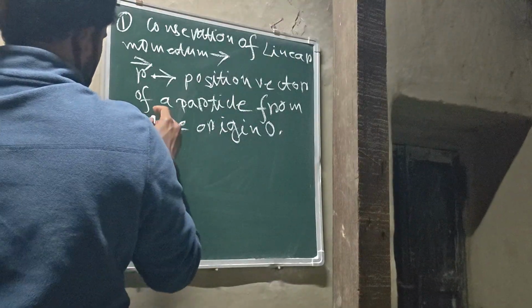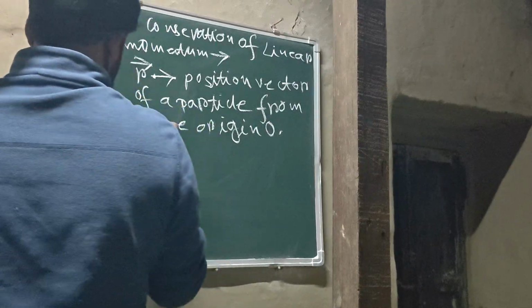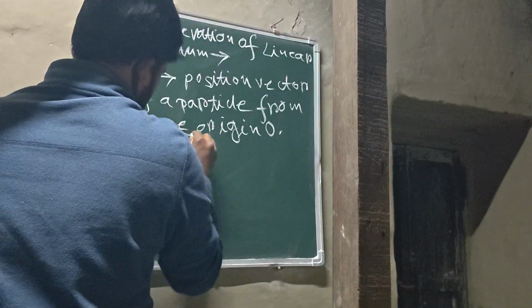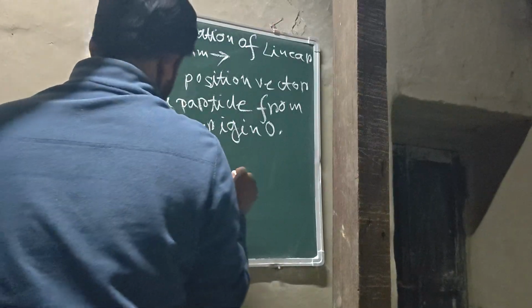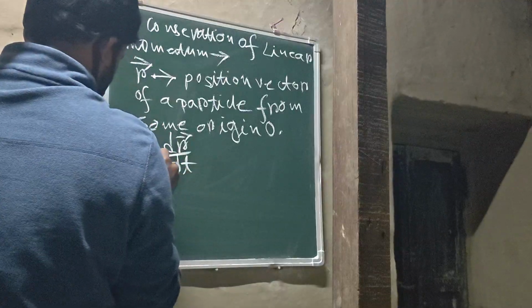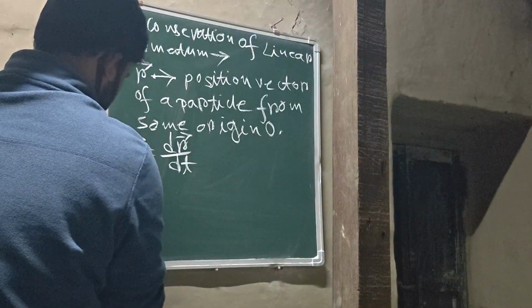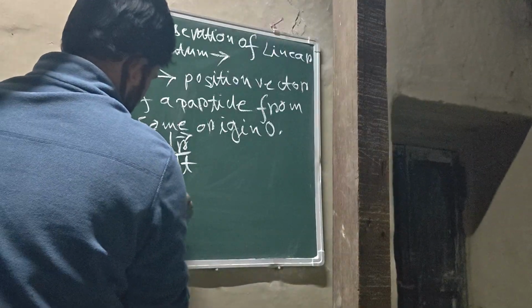If the position vector is r, then the velocity vector v equals dr/dt.